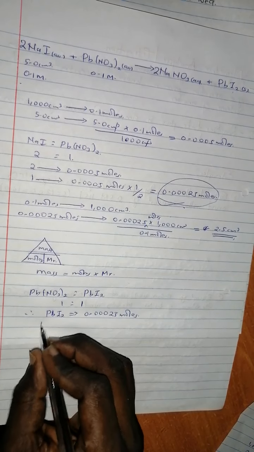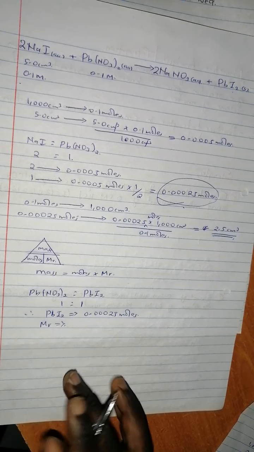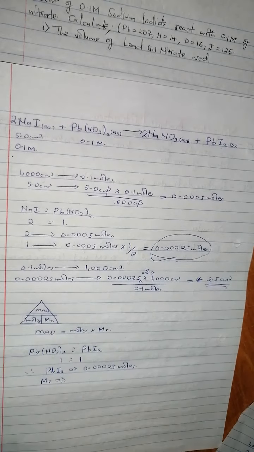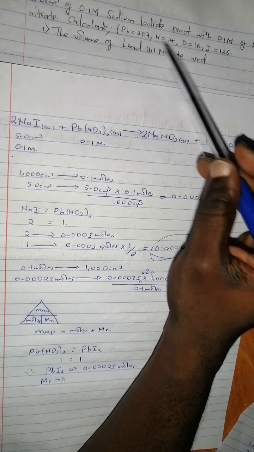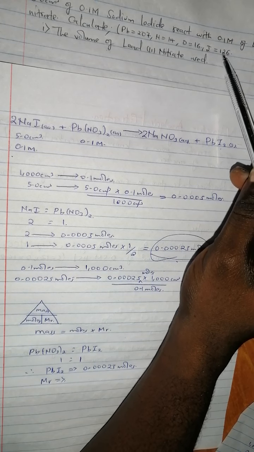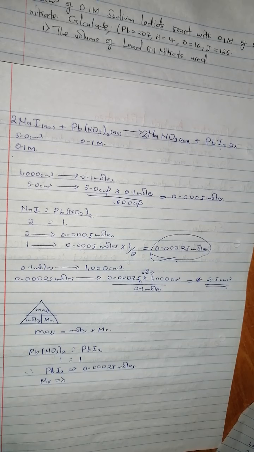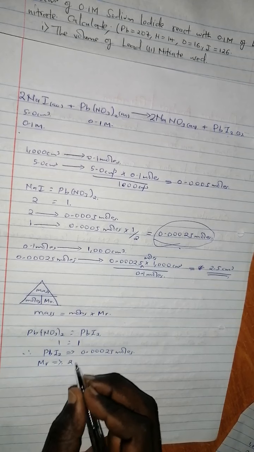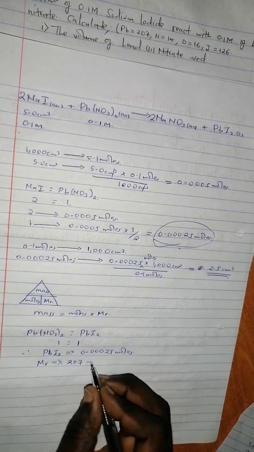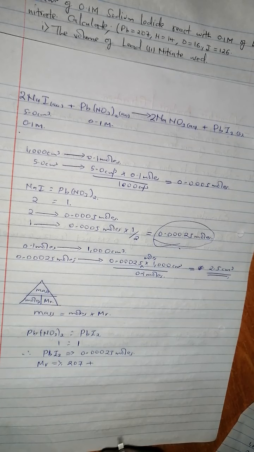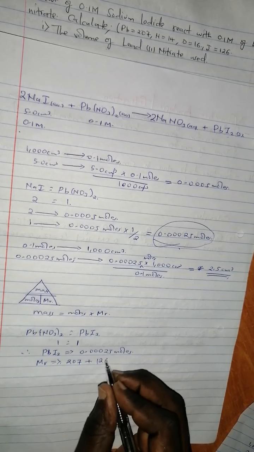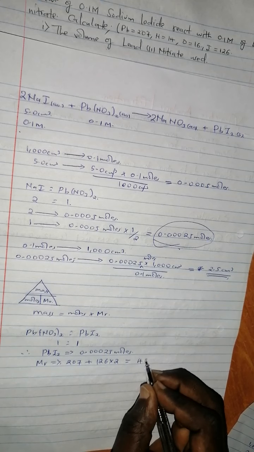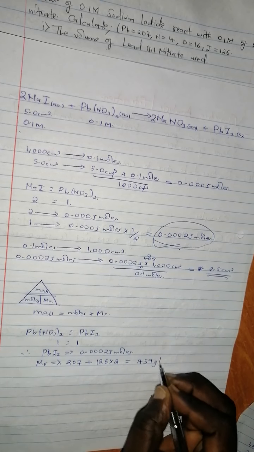Now, how do I calculate the molar mass of lead iodide? We are told that the molar mass of lead is 207. Molar mass of iodine is 126. So from there, the molar mass will be lead itself, 207 gram per mole, plus iodine itself, 126, but they are 2, so I multiply by 2, and the answer will be 459 gram per mole.